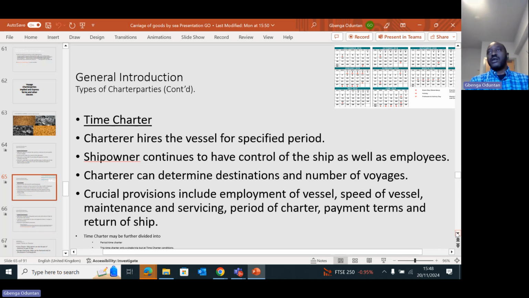But under a time charter, the specific voyage does not need to be identified. It's not necessarily agreed upon. What is agreed upon is that the ship will be returned to the ownership.